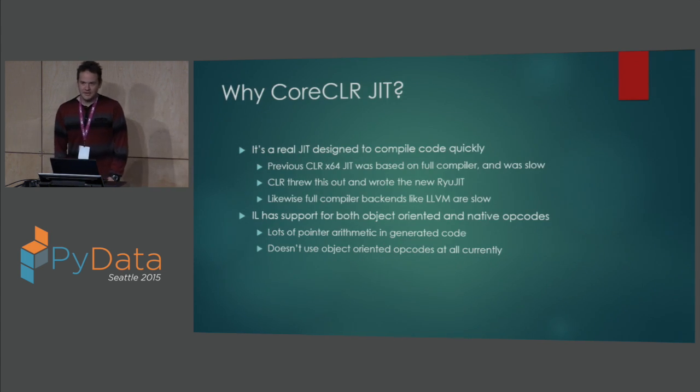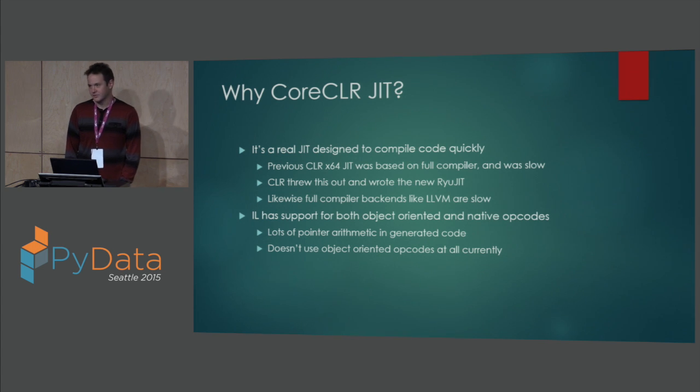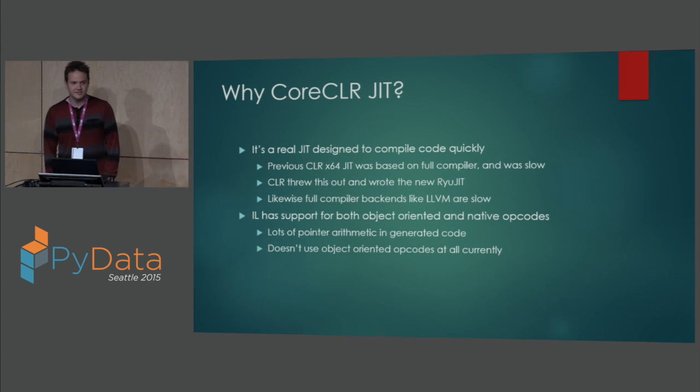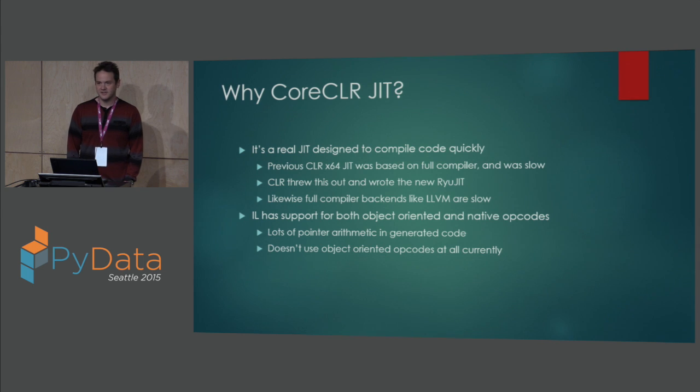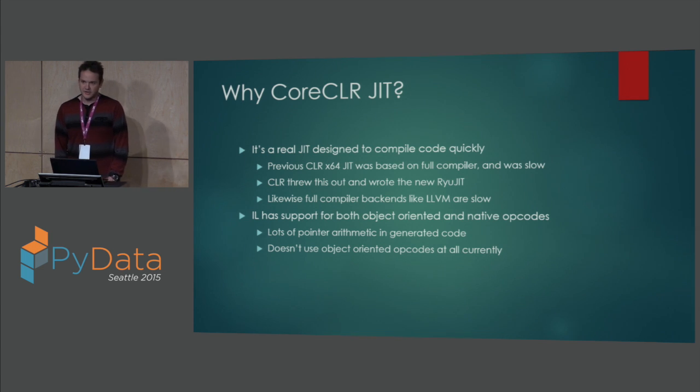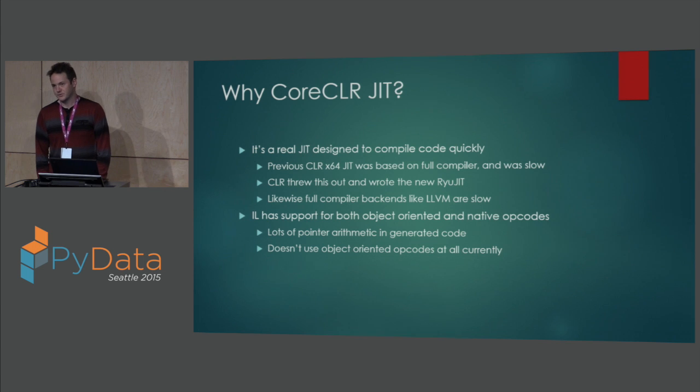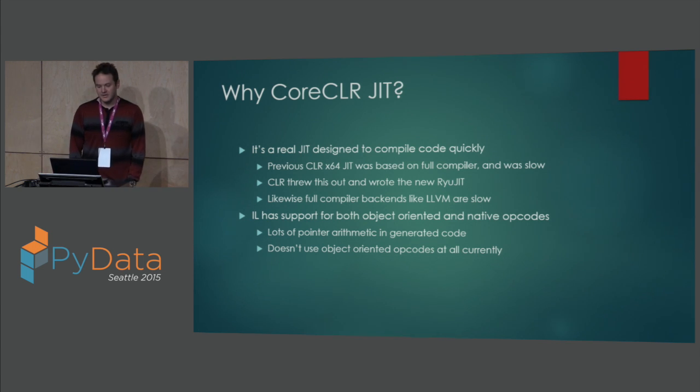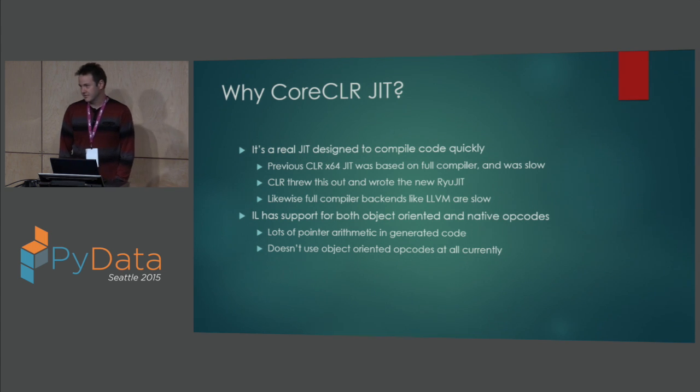So I picked CoreCLR for several reasons. The first is it really is a JIT. It's designed to compile methods quickly with little overhead. That's in contrast with the JIT that the CLR used to have for its 64-bit JIT, which was actually based upon a full compiler, and that was slow. I saw that when I worked on IronPython.